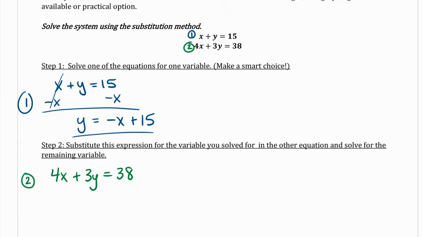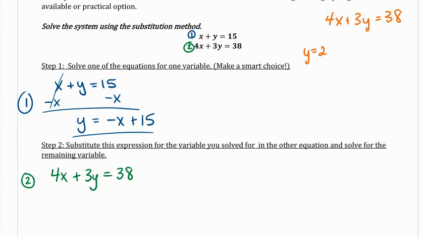Now, I want to show you something over here. If you had this equation, 4x plus 3y equals 38, and let's say I told you that y equals 2, could you plug in 2 and solve for x?